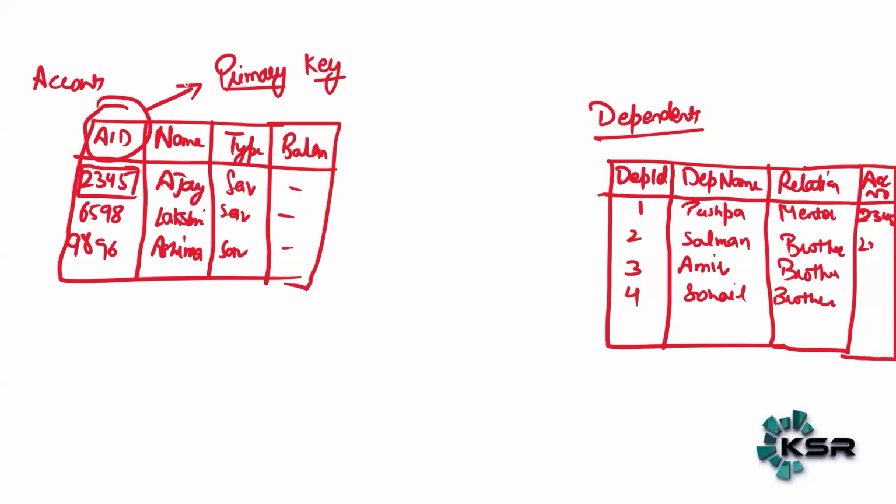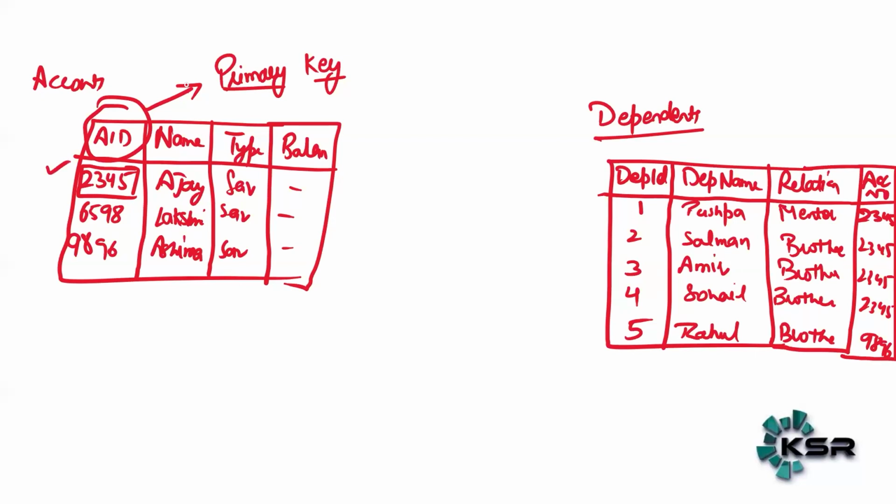Similarly, suppose Ashima has one more dependent, so here it will be 5. So here it can be Rahul, and suppose brother, and 9896, right? If you have to add all the dependents here, guys, then for Ajay itself, how many rows will be there?